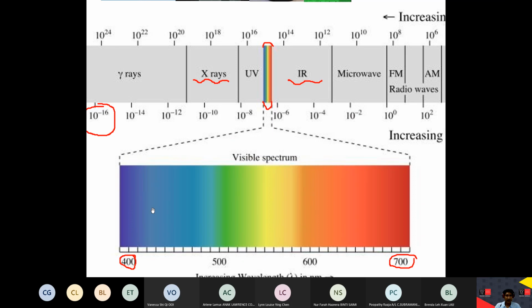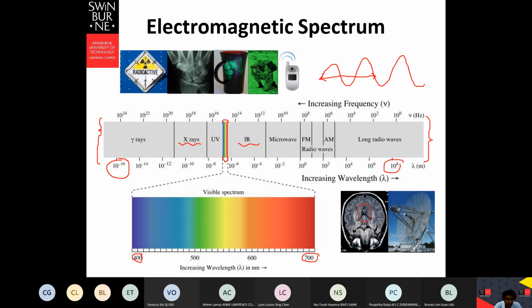Our eyes can differentiate only between these colors. So using the color and the wavelength, we can find out what the color of that substance can be.